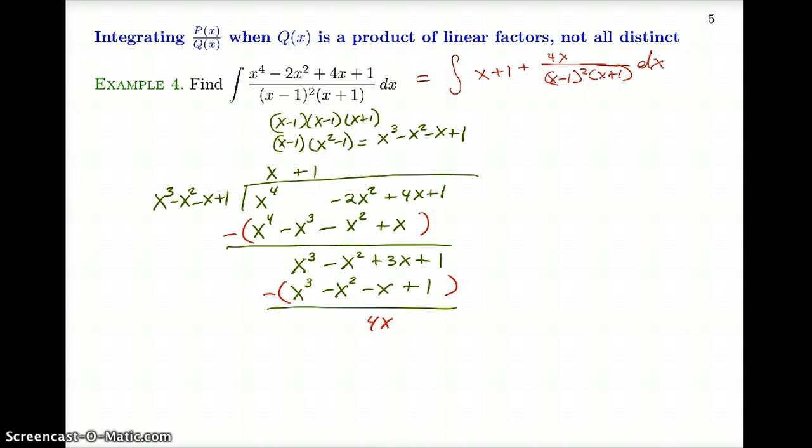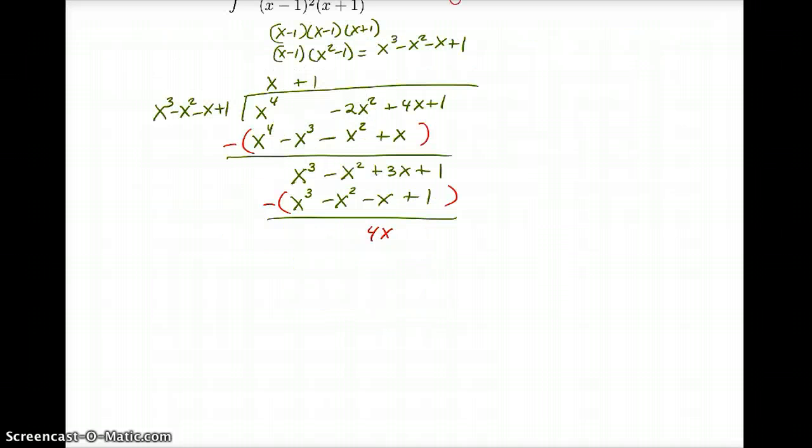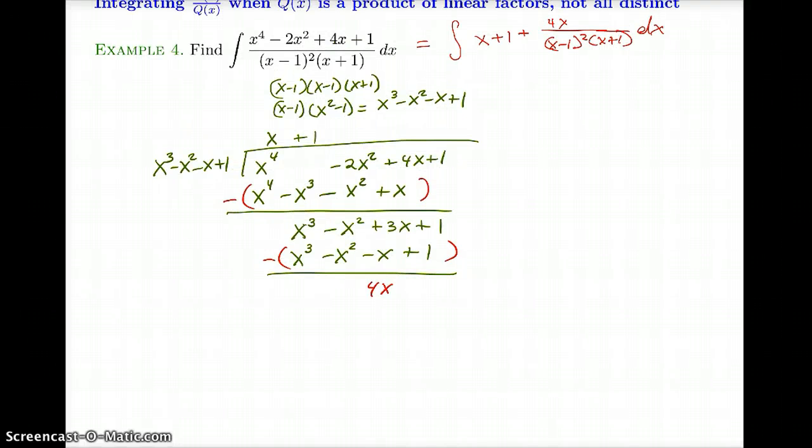And the integral of x plus 1 is easy. That's just 1/2 x squared plus x. So we just have to do that fraction, that rational expression. So we want to look at 4x over x minus 1 squared times x plus 1 and decompose it into its partial fractions.